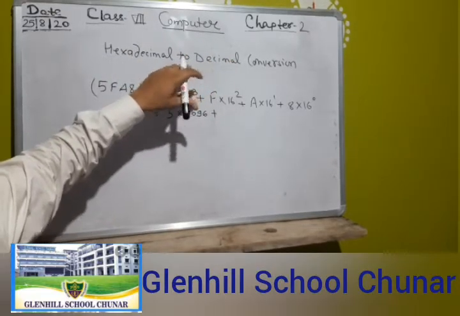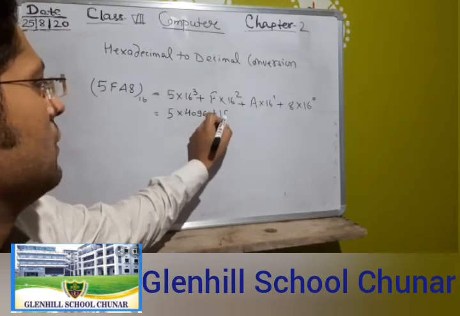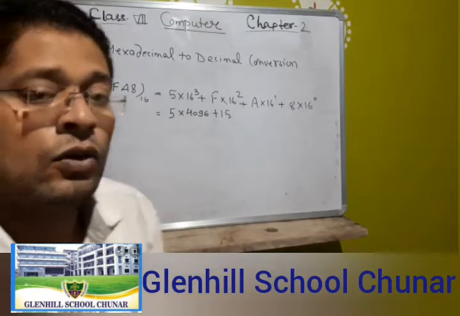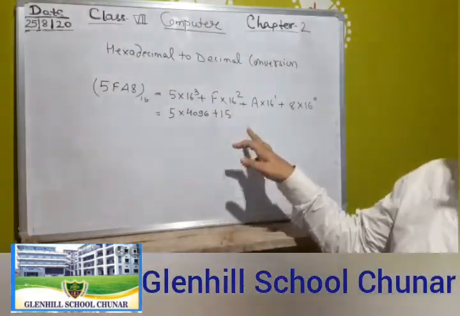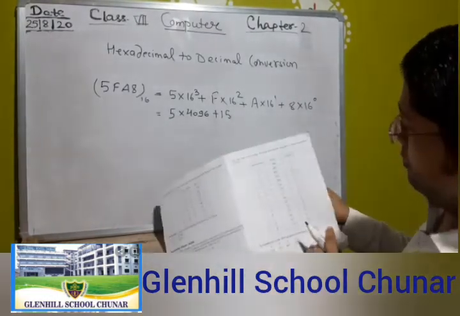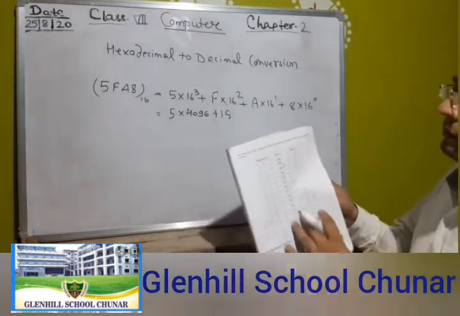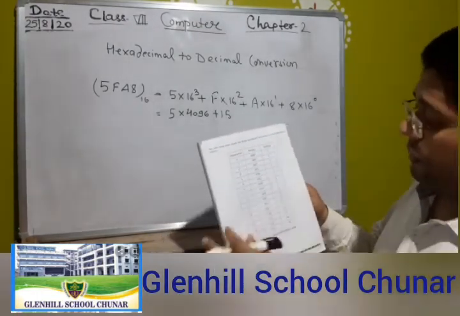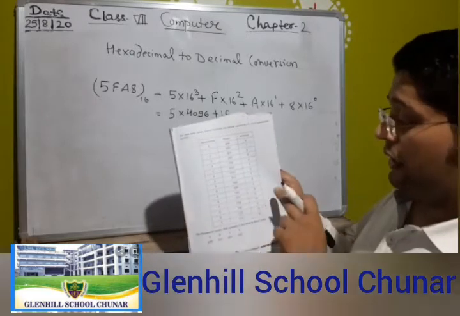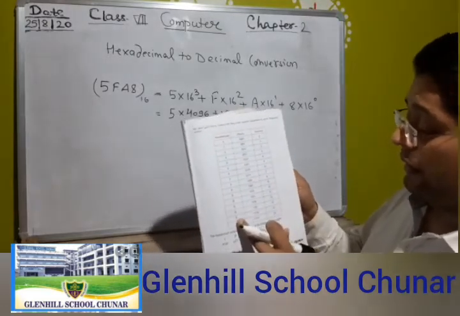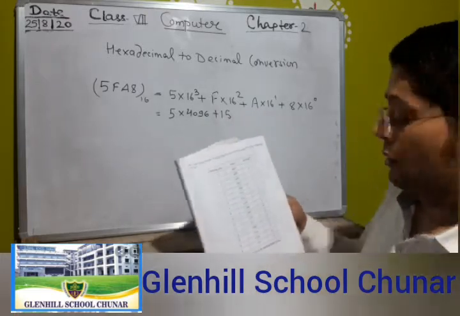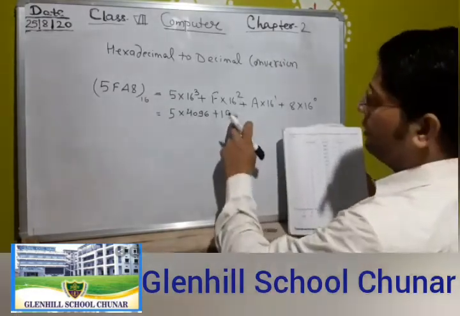The value of F is 15. How do you know the value is 15? Look, here is a table. A in decimal form is 10, B 11, C 12, D 13, E 14, and F 15.